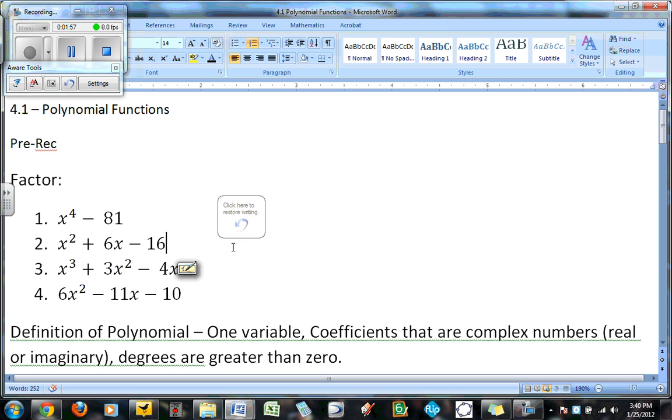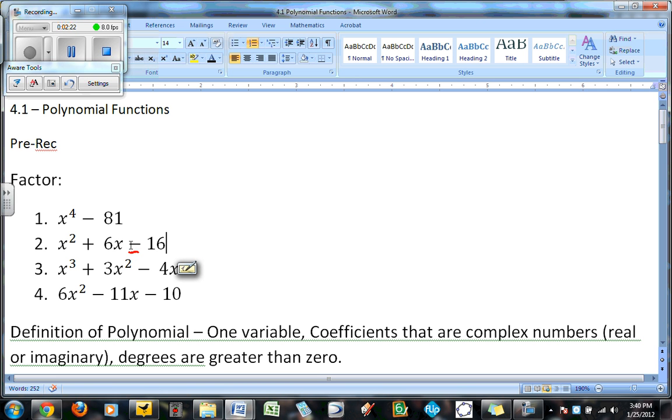Number 2 is a reminder of factoring a trinomial when we just have 1 as a leading coefficient. Problems 1 and 4 are very similar, so let's show you 1. What we need to figure out is what multiplies to be negative 16 and adds up to be 6. How I like to describe it to my algebra kids is that this sign tells us whether the signs are the same or different.